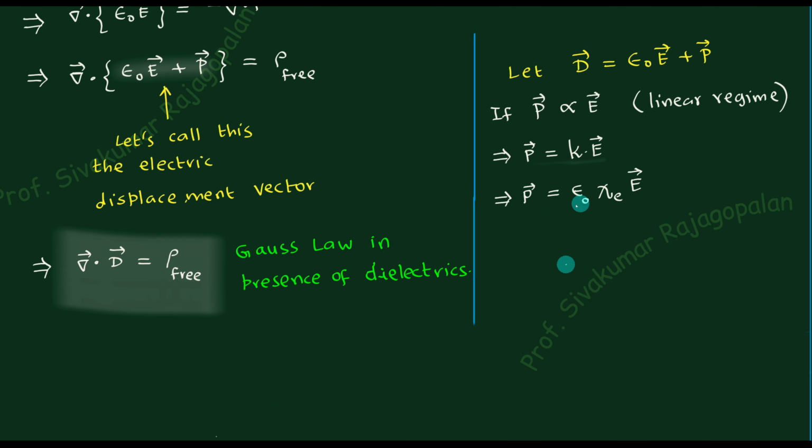And now what we will do is substitute this expression for the polarization here, so that D can be simplified. So let us give some numbers. I would like to substitute equation 2 in equation 1. Then what happens?